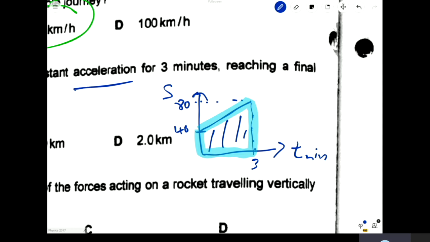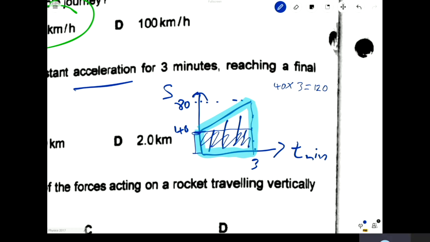What you can do is divide it into a triangle and a rectangle. Let's say I want to find the area of the rectangle. It's 40 times 3. So it's 120. Hey, wait a minute.